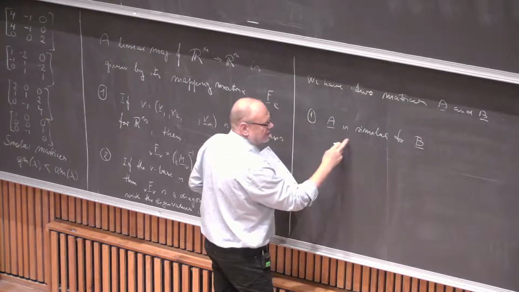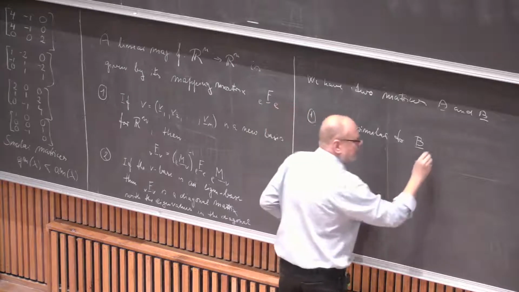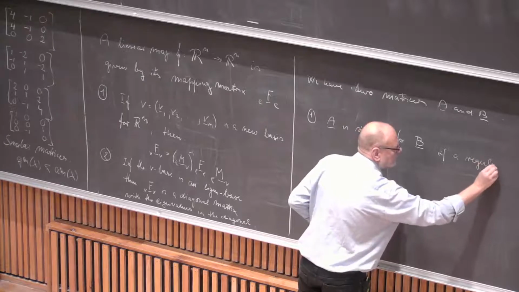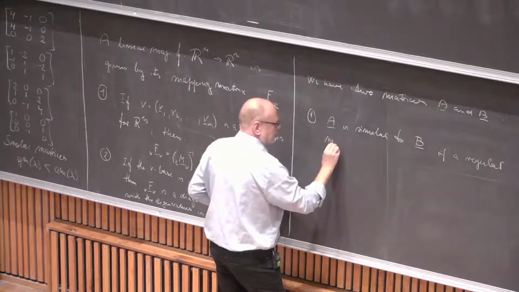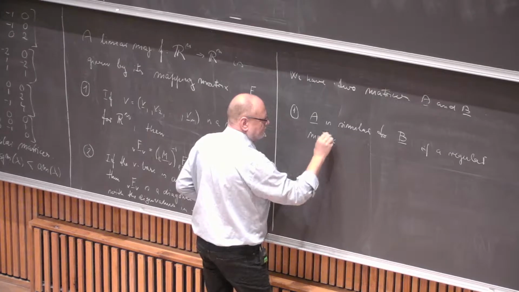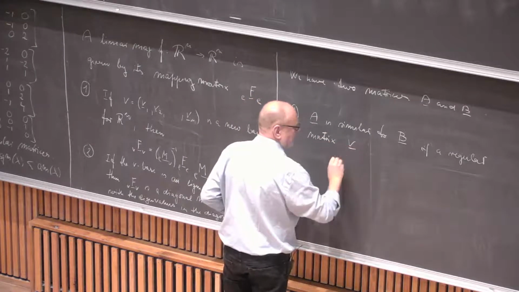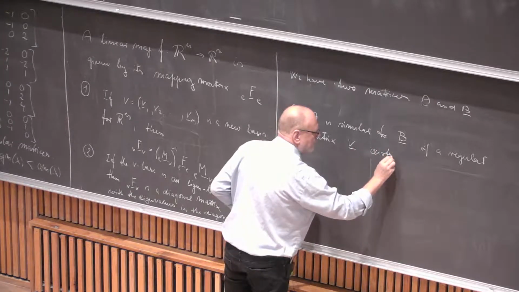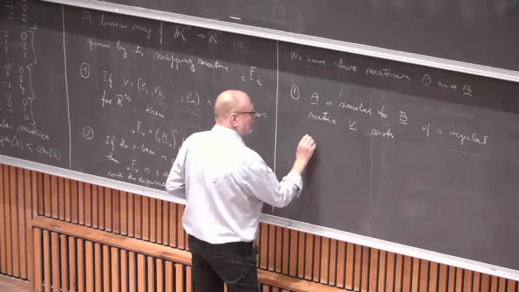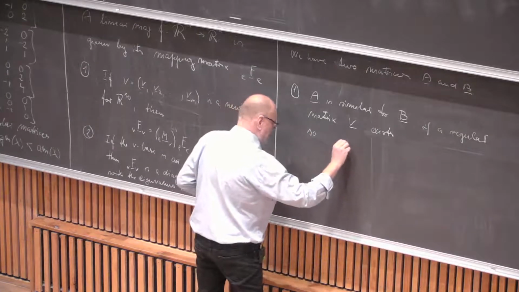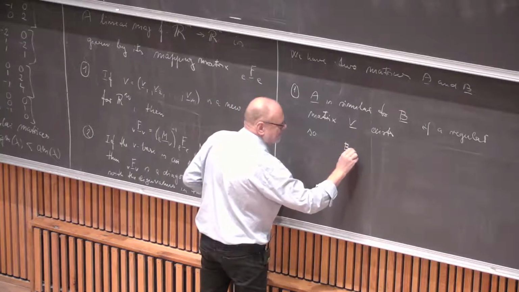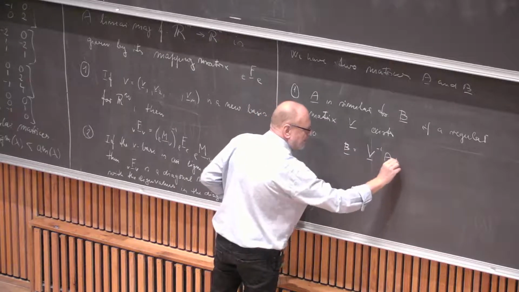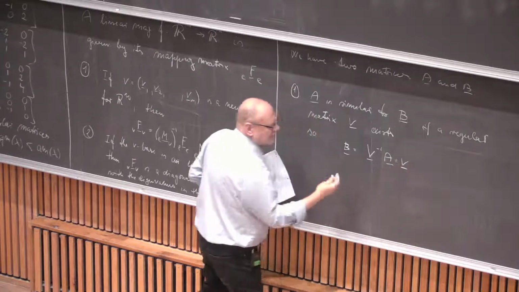A is similar to B if a regular matrix V exists so that B is equal to the inverse of V times A times V. So this is a definition.